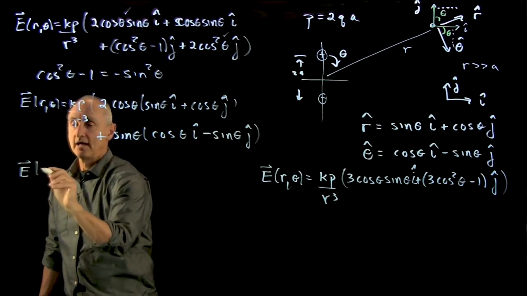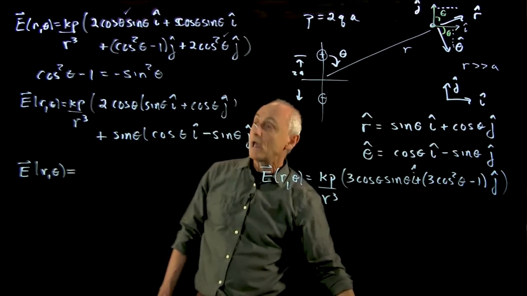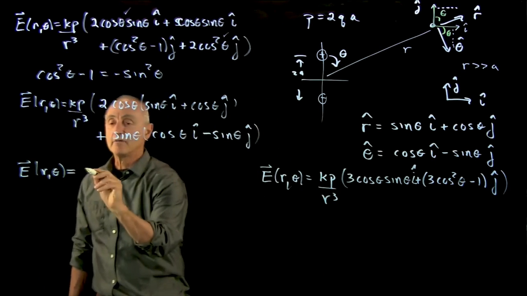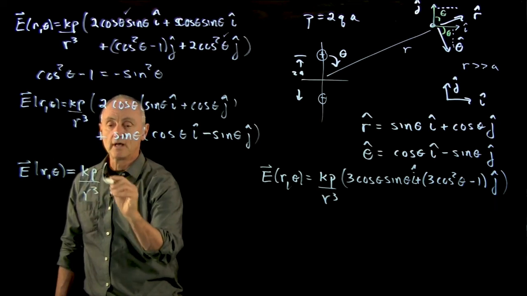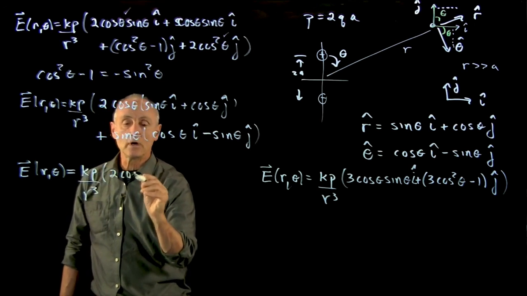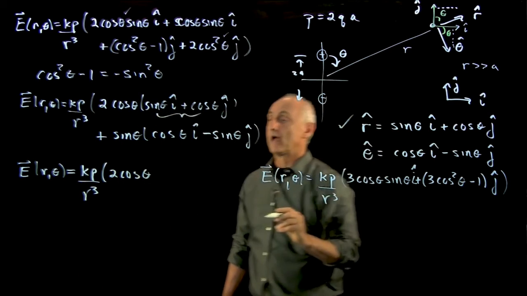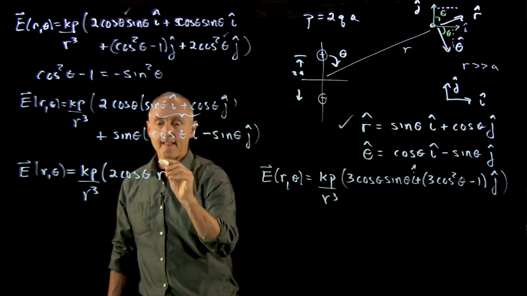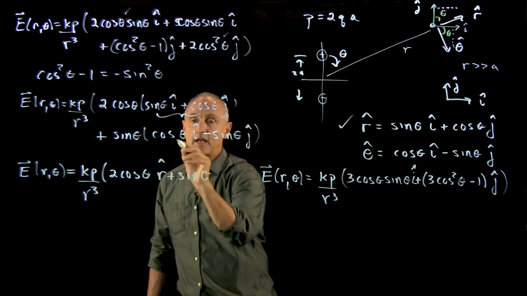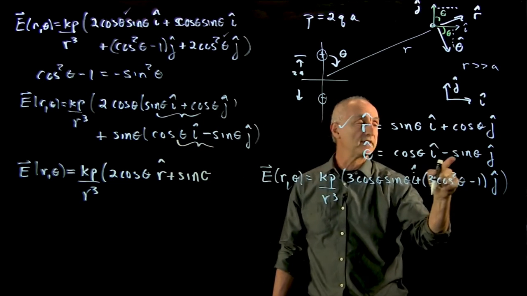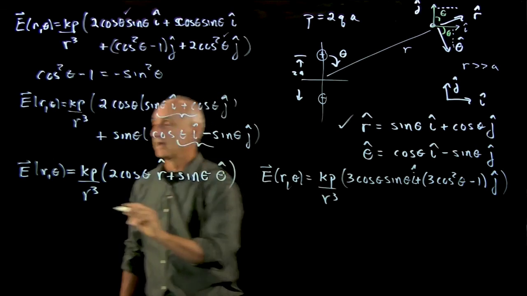And now let's express this in the following way. We have kp over r cubed. Our first term is 2 cosine theta, and that is precisely r hat. And our second term is plus sine theta, and here we have cosine theta i hat minus sine theta j hat, and that is theta hat.